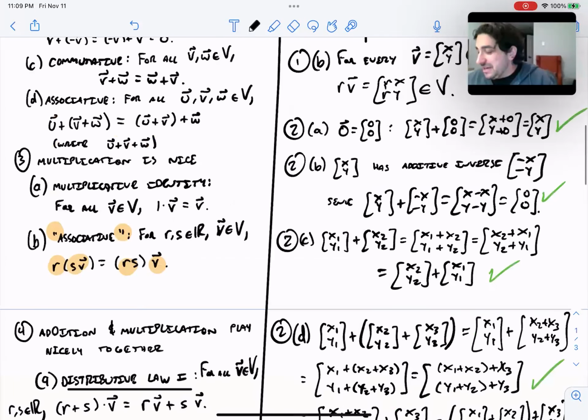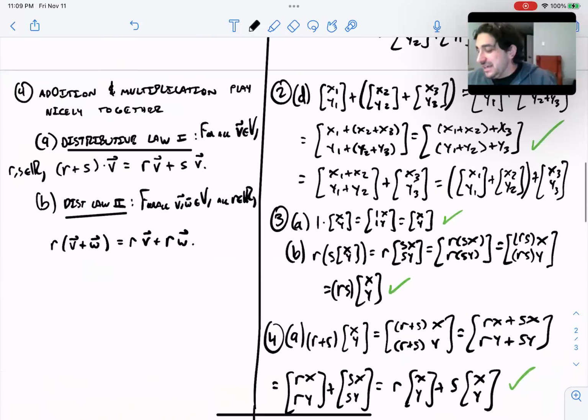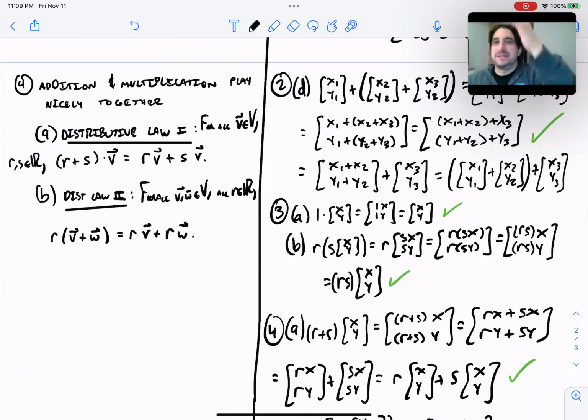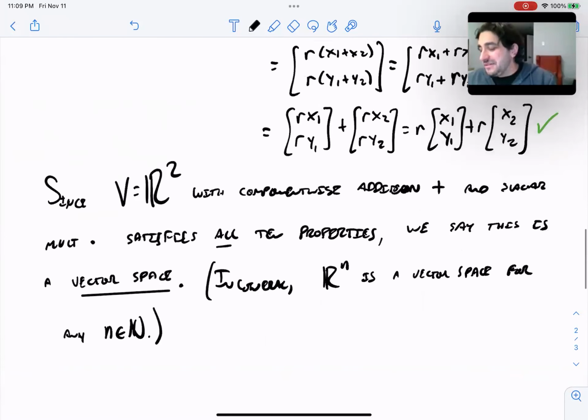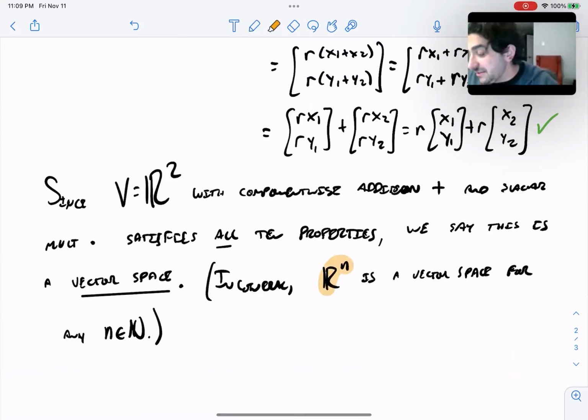It all still works. It's just now everything has an x1, y1, z1, or x2, y2, z2. So it's just tack a third component onto all of your vectors, and the same proof works. So this is probably the most famous family of vector spaces, the n-tuples of real numbers.